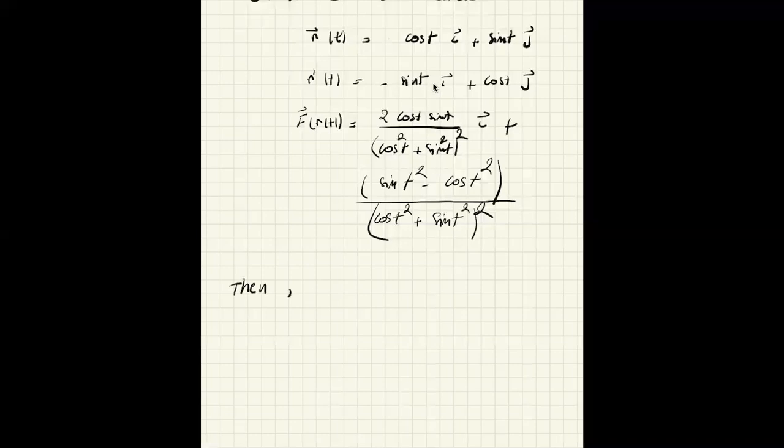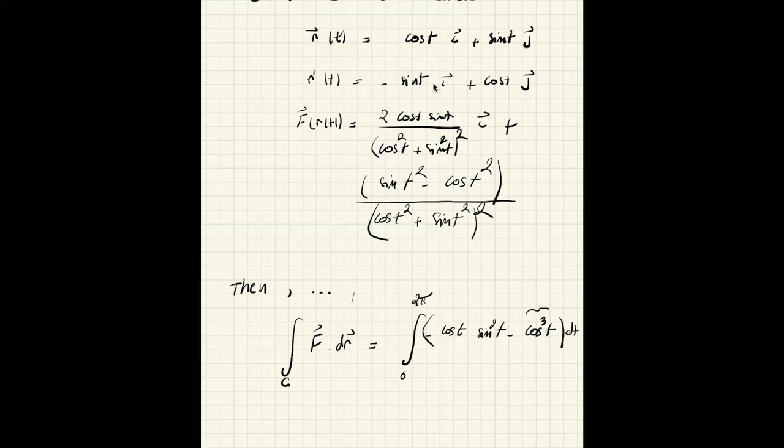I'm not going to do it, and then the integral over C of F dr, you're supposed to get something that looks like the integral from 0 to 2 pi of minus cos t sine squared t minus cos cubed t dt.